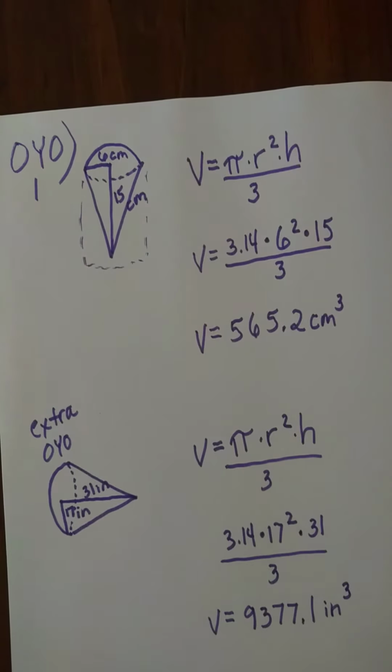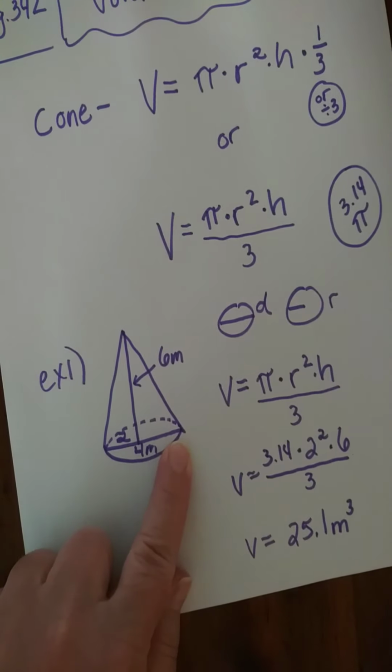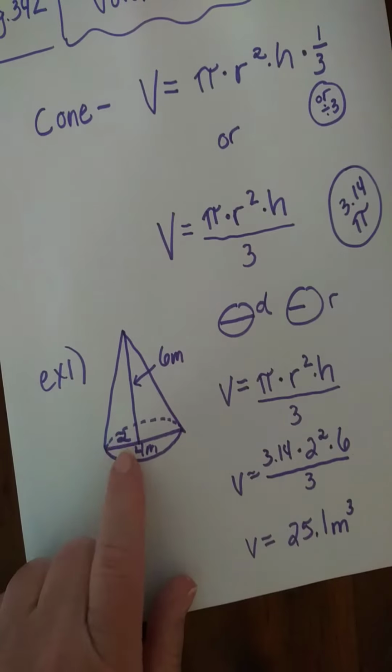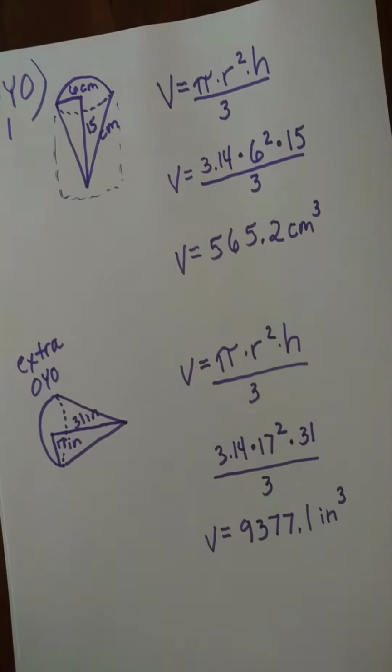Okay? So today that's all we're going to do is just find the correct dimensions and plug it into the formula. Remember, you always want radius, but you have to be careful if you're given one like this where they give you the whole diameter. You have to cut that in half so that you have the radius, because this is the one that you want. Okay? All right, so let's do that.